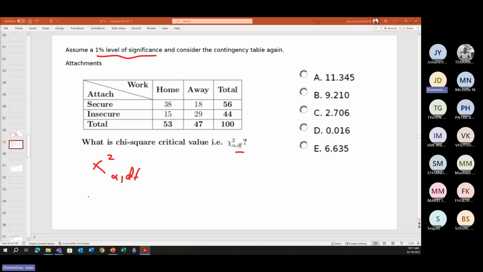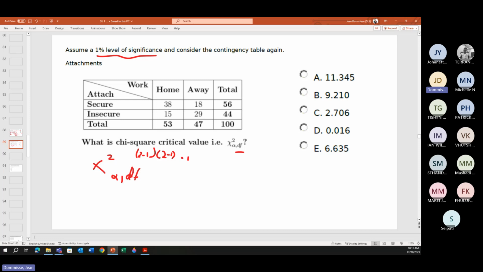Okay, so let's quickly look at degrees of freedom. So degrees of freedom was, remember, the 2 minus 1 and 2 minus 1, which gave us the 1.